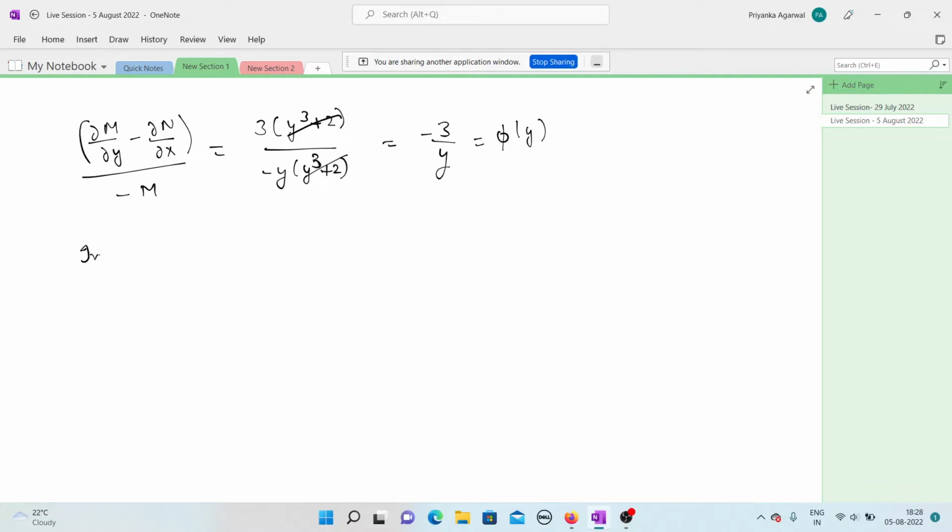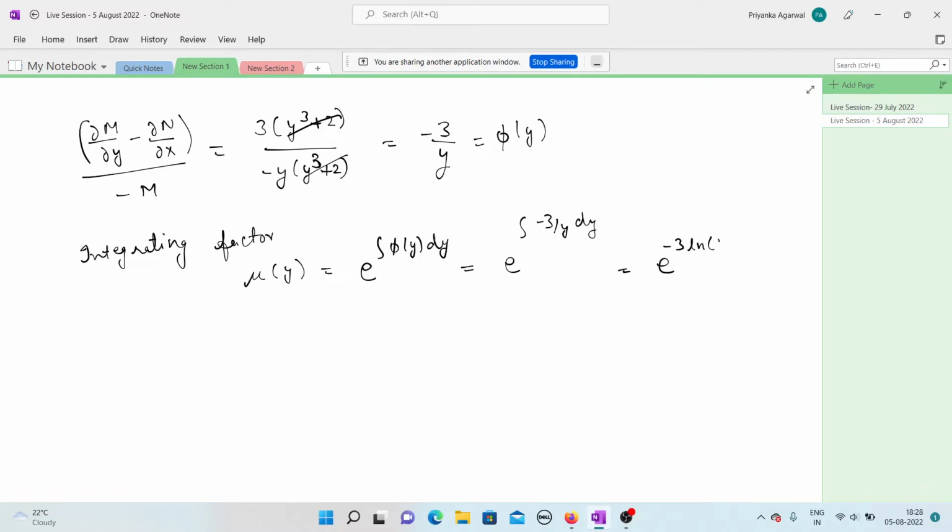So the integrating factor can be written as mu y equals to exponential of integral of minus 3 over y dy. So the integrating factor for this comes out to be 1 over y cube.